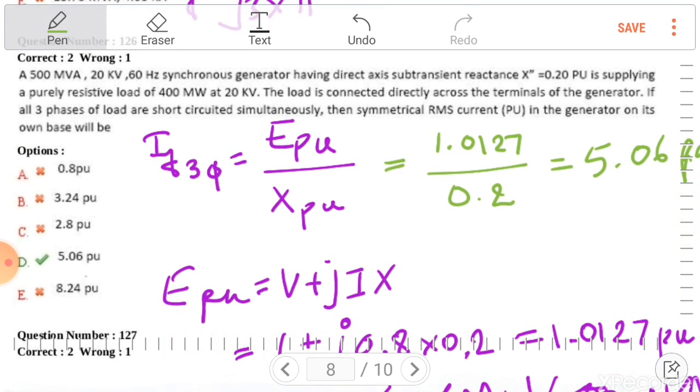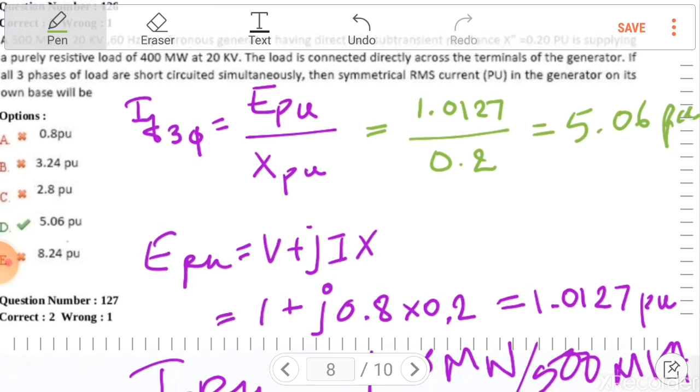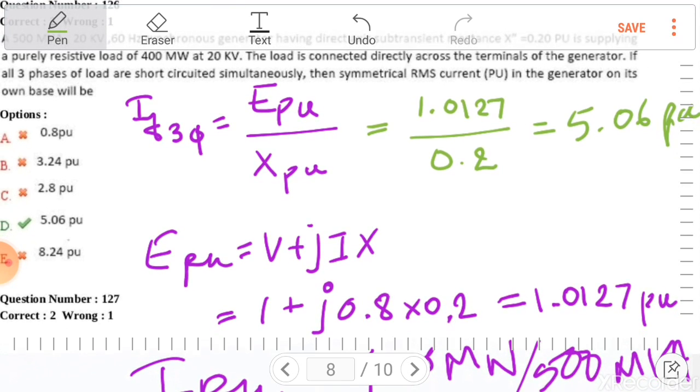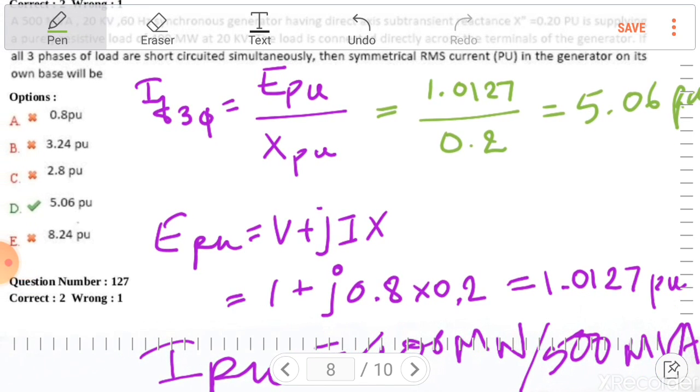In the next problem, a 500 MVA 20 kV 60 Hz synchronous generator has direct axis sub-transient reactance 0.2 per unit, supplying a purely resistive load of 400 megawatt at 20 kV. The load is connected directly across the terminals of the generator. If all three phases are short circuited, then the symmetrical RMS current in per unit will be: the three phase current is EMF divided by per unit reactance, and EMF will be found by terminal voltage plus j into Ix.